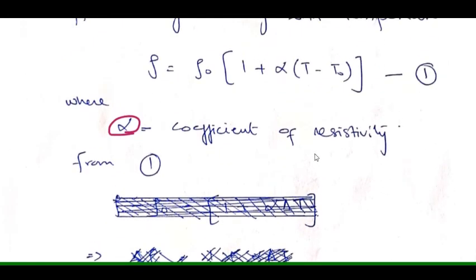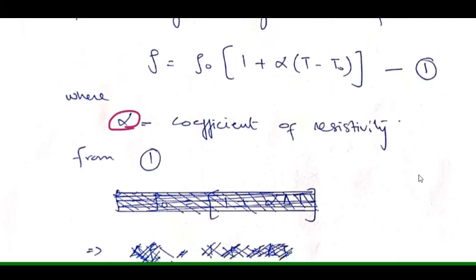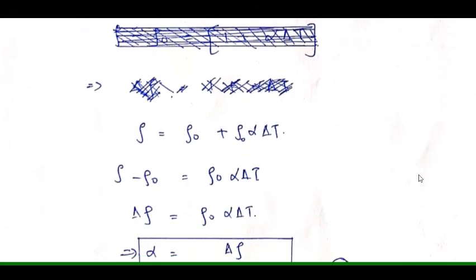I have done nothing; I have simply multiplied this rho naught with the parameters inside the bracket, and then I'll simplify it.